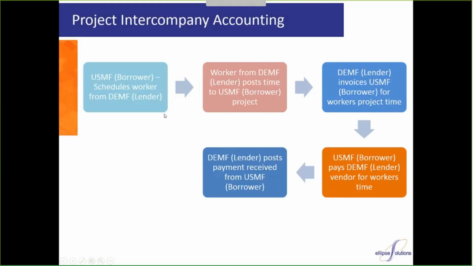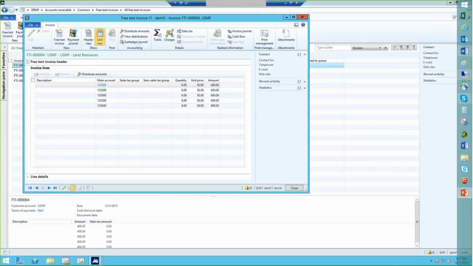So that's the invoicing portion. So we're on this box here. Now the borrower is going to pay the invoice that was created. So it's a receivable on the lender side and it's a payable on the borrower side in the USMF company. Let's just take a look at that.